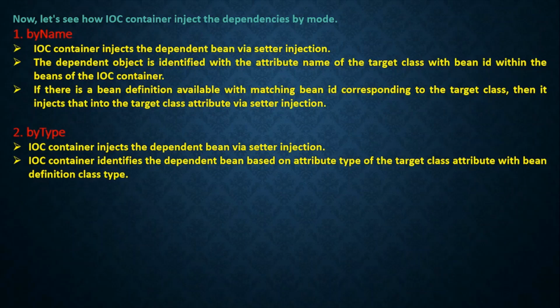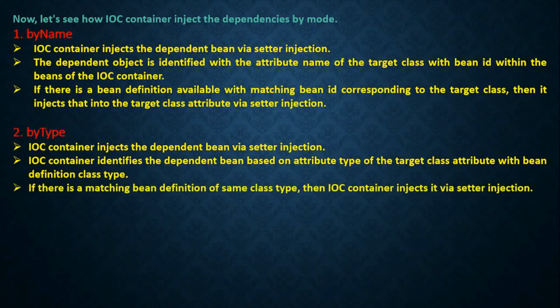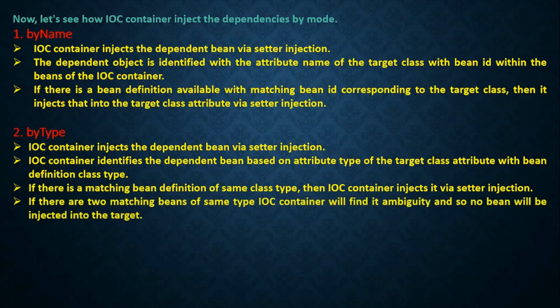I'll explain through an example, so don't worry if you are getting confused. If there is a matching bean definition with the same class type, then the IOC container will inject via setter injection. That is clear, and we'll see through an example.